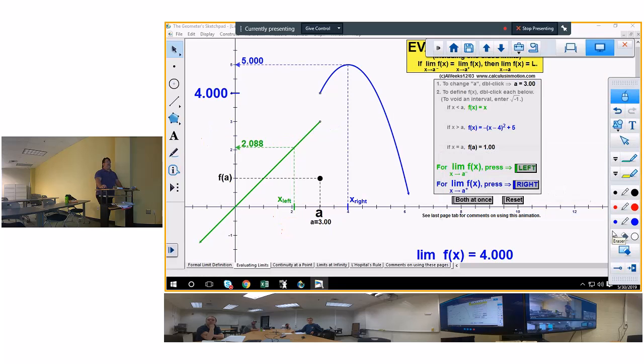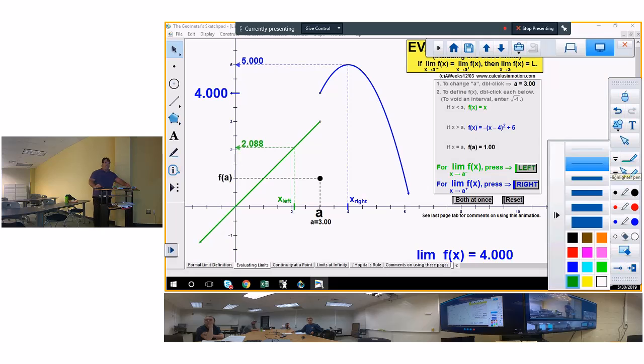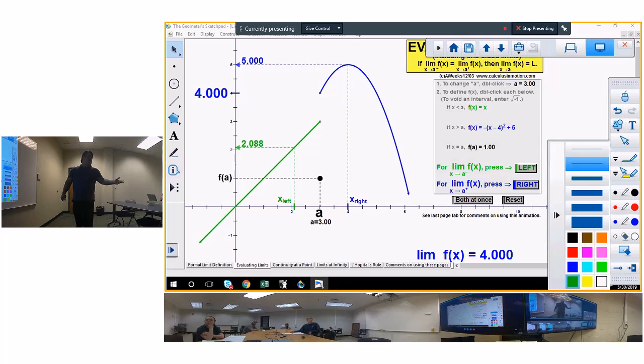Now, if I was to ask you, what is f of 2? I'm going to write it in green, okay? And this is a graphical representation. This is what you're going to see in 2.1, so write this down in your notes.